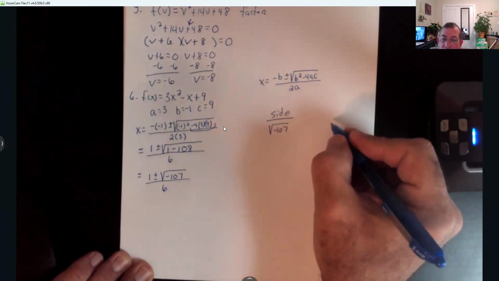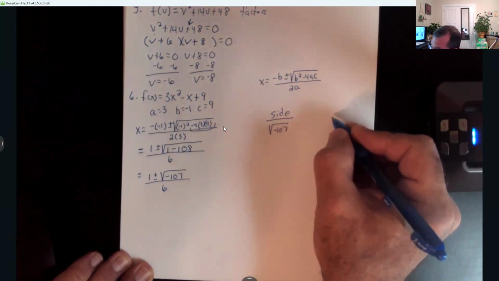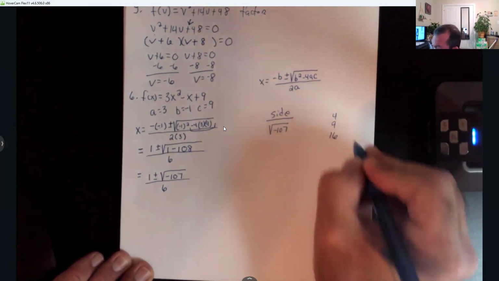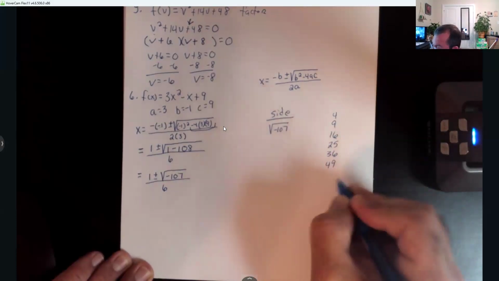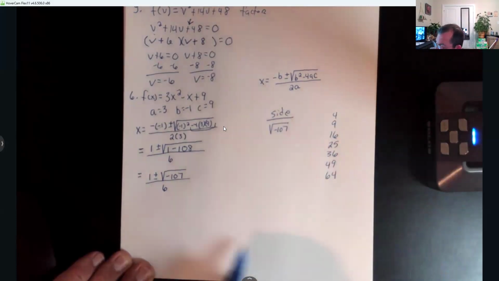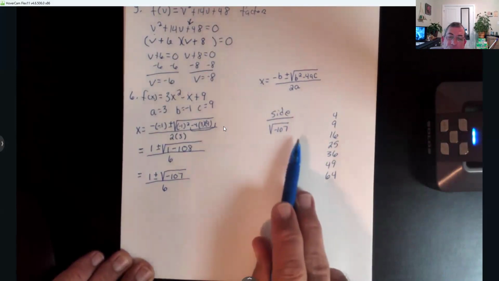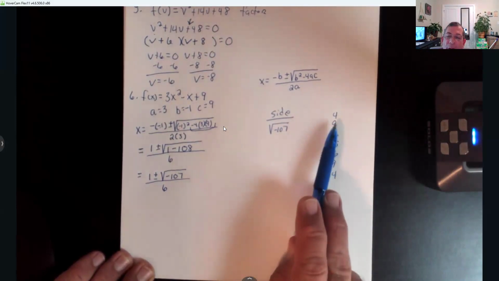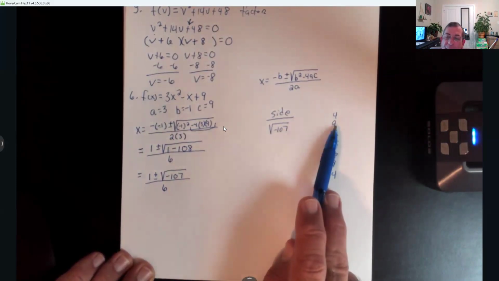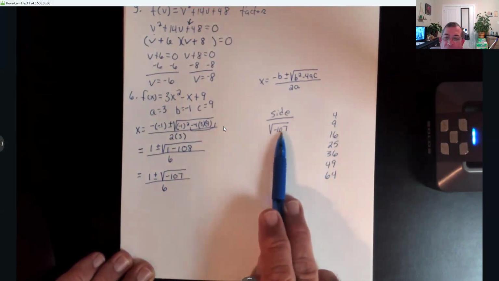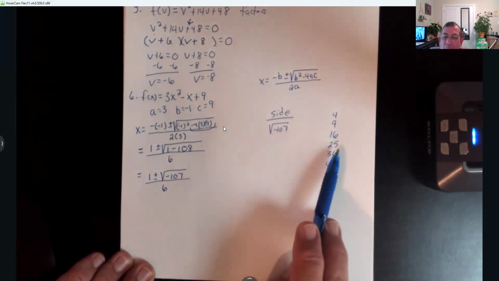And y'all remember, I gave y'all the perfect squares: 4, 9, 16, 25, 36, 49, 64. At that point, they're going to start getting too big. So, is 4 a factor of 107? No. Is 9 a factor of 107? No. 16? No. 25?